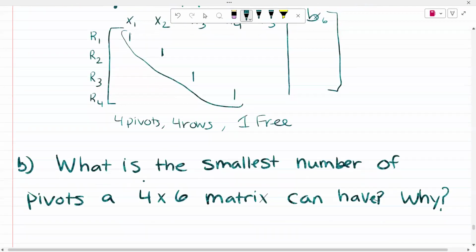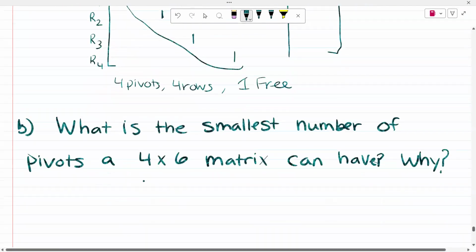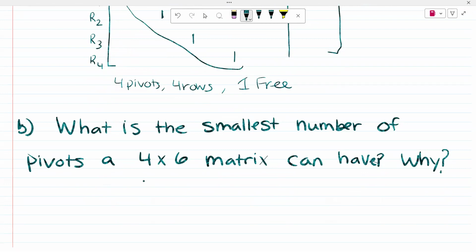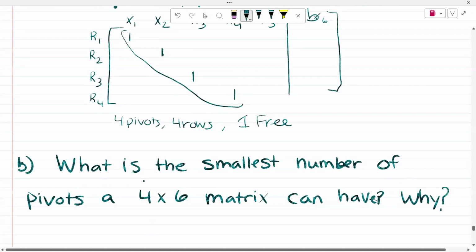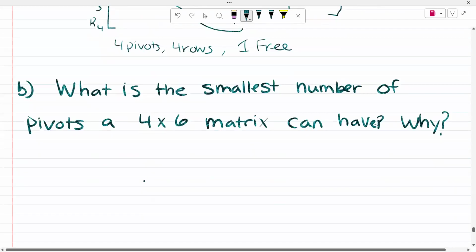Okay, so let's look at B. What is the smallest number of pivots a 4 by 6 matrix can have? So 4 by 6. What is the smallest number? If you want, I'm going to just draw it again.